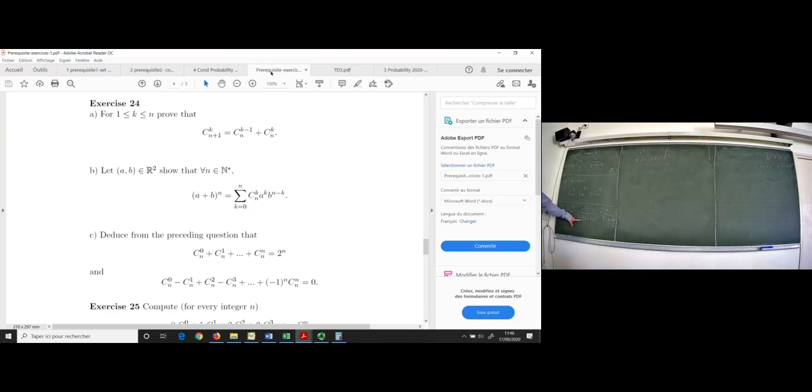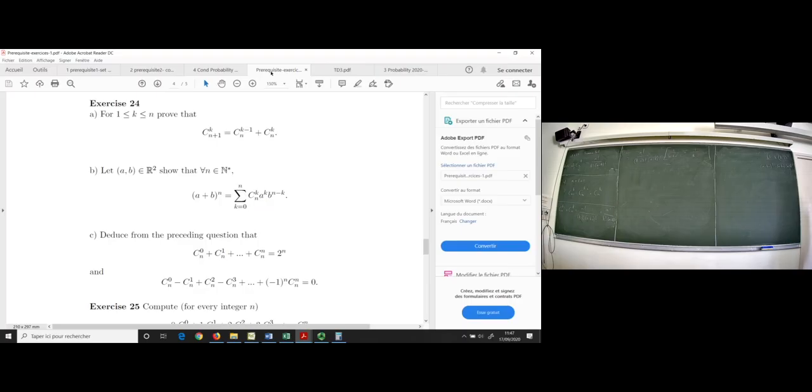To obtain the first term, the missing term is 1 over (n-k+1). And for the second term, if I want 1 over k factorial below, it means plus 1 over k. In fact, I have used these two relations to factorize.